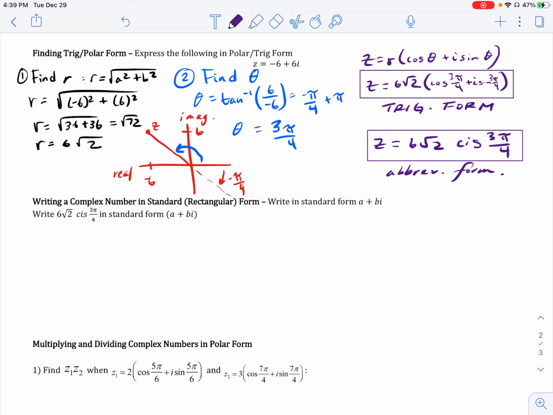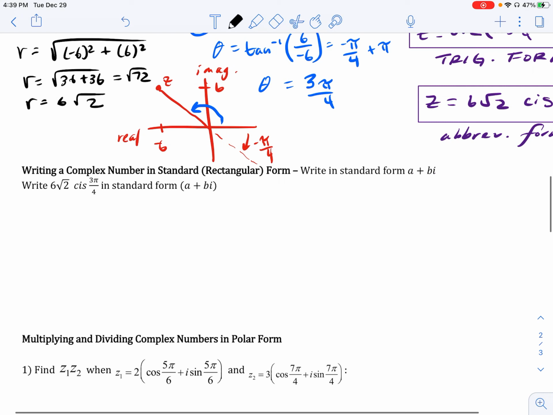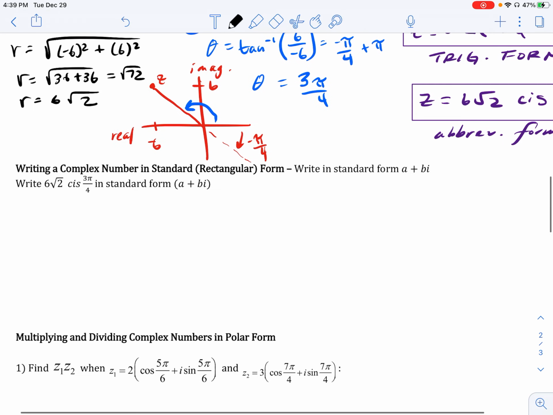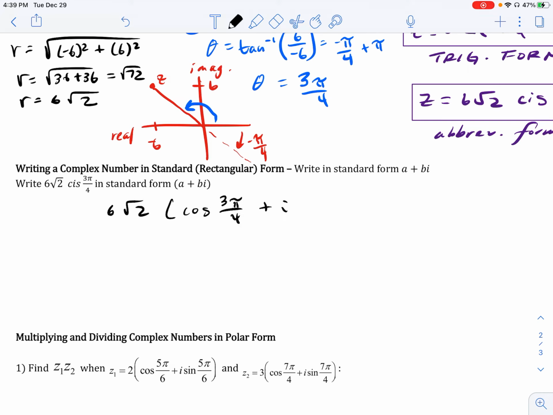So let's take the same number, 6 root 2 cis 3 pi over 4, our trig form, and let's write it back into standard form, just so we know how to do that. I'm going to write it out just so we can see exactly what we need to do. So we're going to say cosine of 3 pi over 4 plus i sine 3 pi over 4.